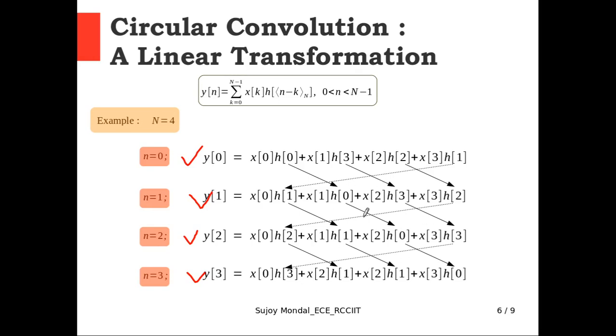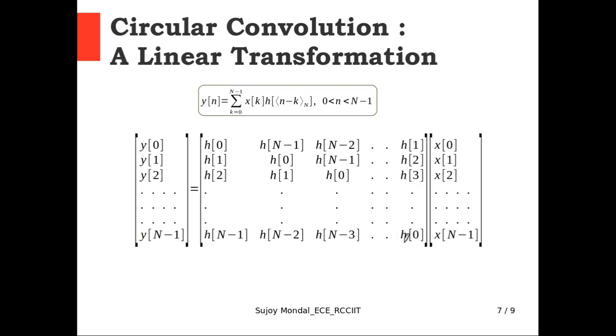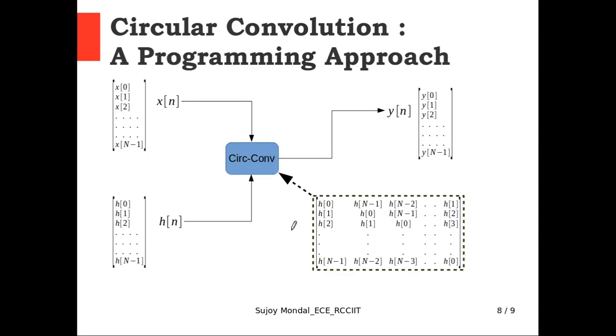If we collect these weighting factors accordingly, we can form a transformation matrix where the left hand side is the output vector, the rightmost matrix is one of the input signal vectors, and the transformation matrix is formed by the other input vector's spatial arrangement.